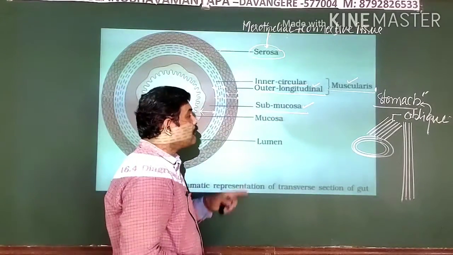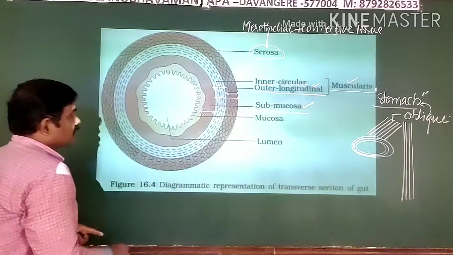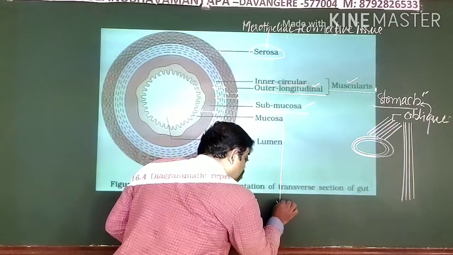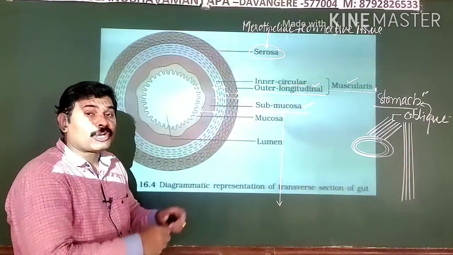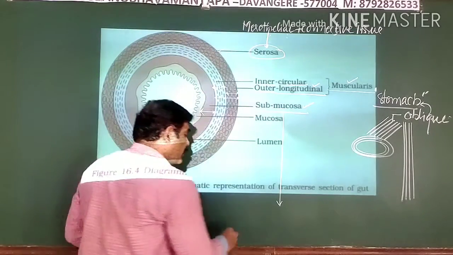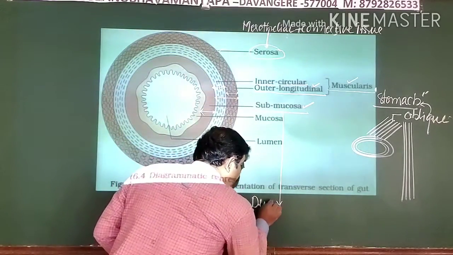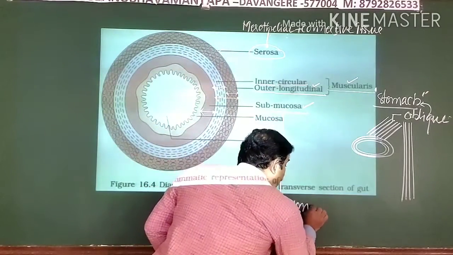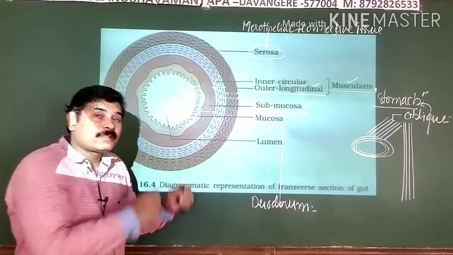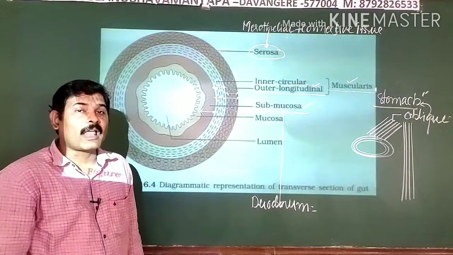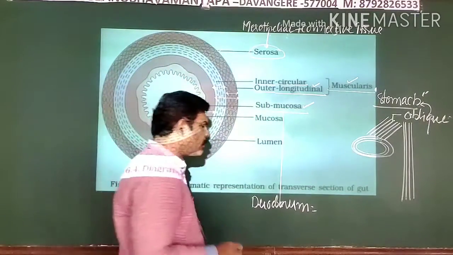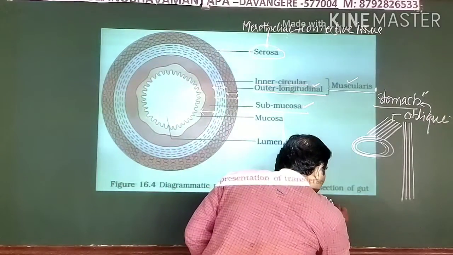And one more important point related to this: if you see this submucosa present at your duodenum, see this point. It has specialized glands. These glands are known as submucosal glands or Brunner's glands. Very important bit.